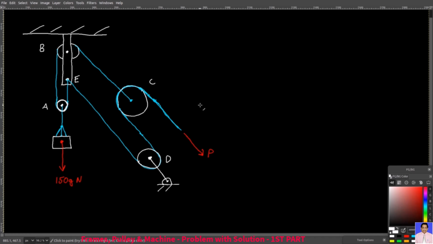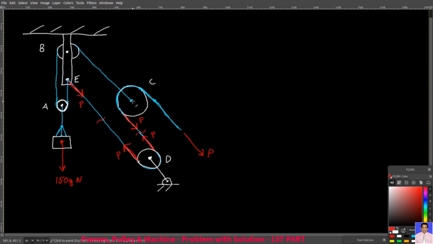Welcome back. This problem is very similar to the previous one. This force P gets transmitted about pulleys C and D until it reaches the pin at E. If I now make these imaginary cuts, then due to Newton's third law, you will have a P force here, and also here, and here.